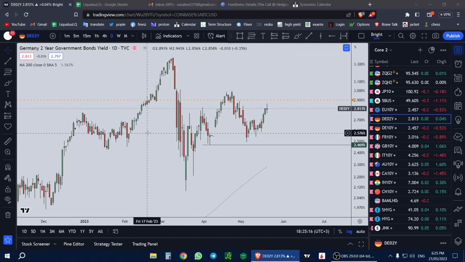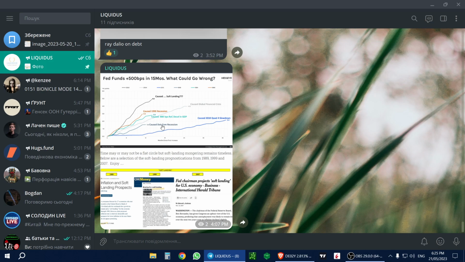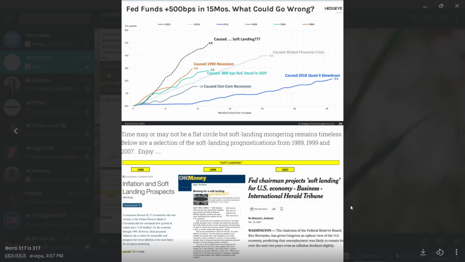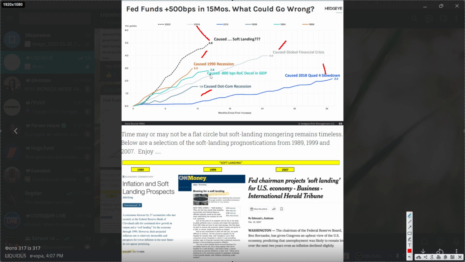That's the prelude to that chart, to the Haggai infographic. This amount of raise caused the 1990 recession, dot-com bubble, financial crisis, 2018 slowdown, and this is not going to cause anything. Maybe it's not going to cause anything.